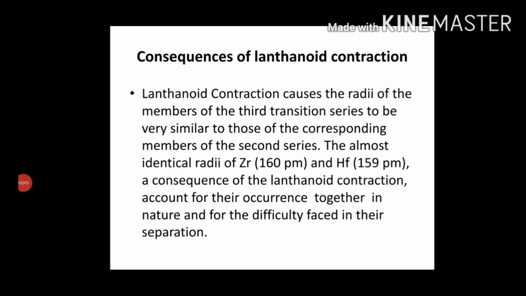Now, the consequences of lanthanoid contraction. The first is similarity of second and third transition series. The atomic radii of the second row of transition elements are almost similar to those of the third row of transition elements.